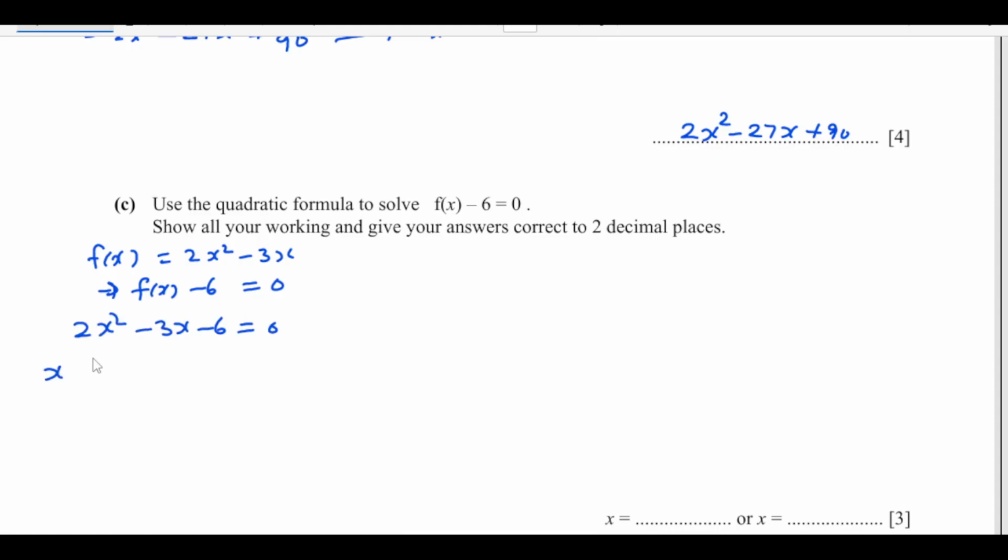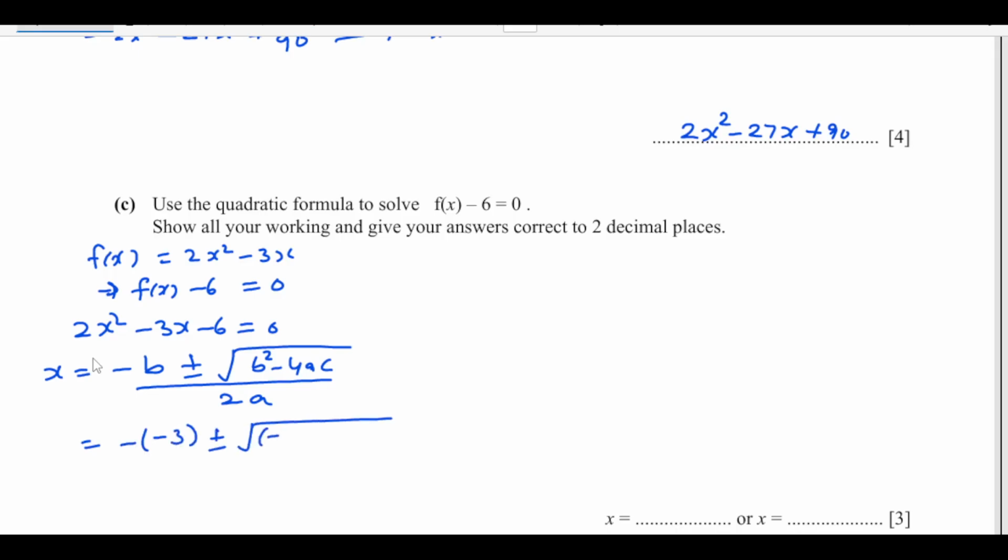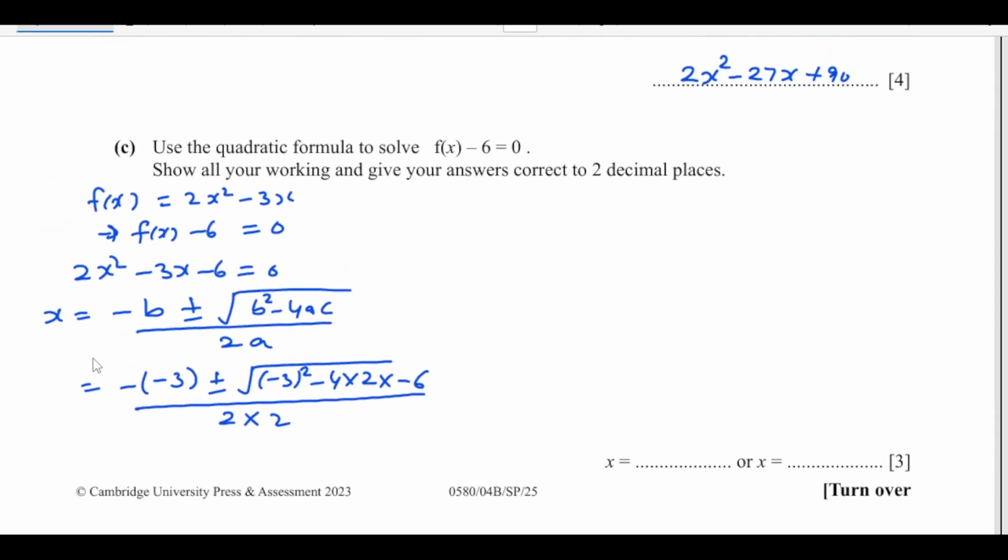The quadratic formula is negative b plus or minus the square root of b squared minus 4ac, over 2a. So minus of minus 3, plus or minus the square root of negative 3 squared minus 4 times 2 times minus 6. You all know how to use the quadratic formula. It's not a big deal.